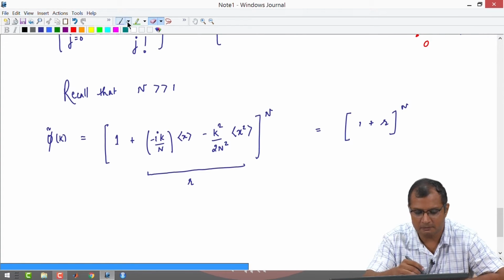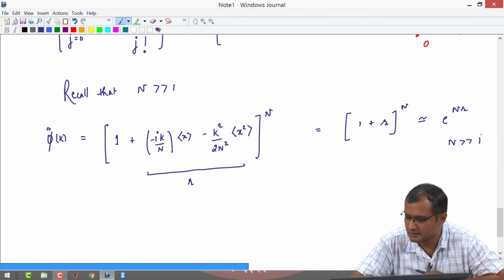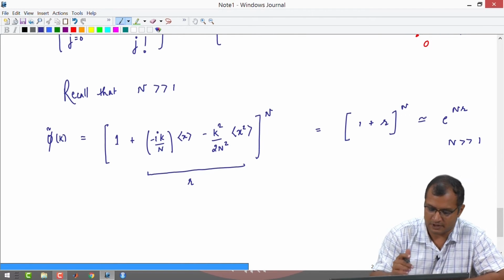Now, the expansion of (1 plus r) to the power n is just e to the power n r if n is much larger than 1. So, this is an approximation that (1 plus r) to the power n is e raised to n r. Now, simply put r as what I have written here.